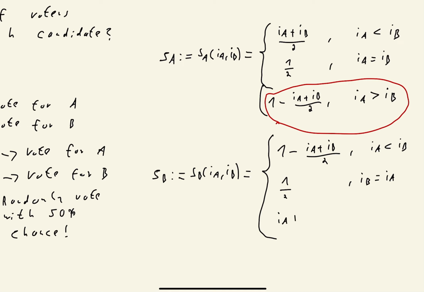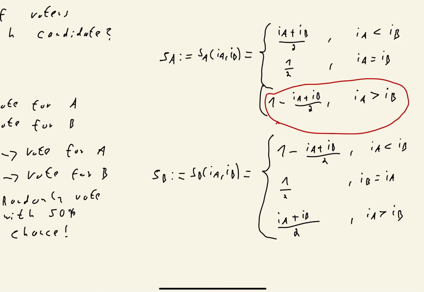(IA plus IB) divided by 2 if IA is strictly larger than IB. And this basically determines now the vote shares of the candidates, so the expected vote shares, as functions of their chosen ideologies.